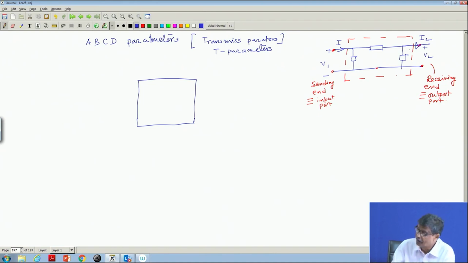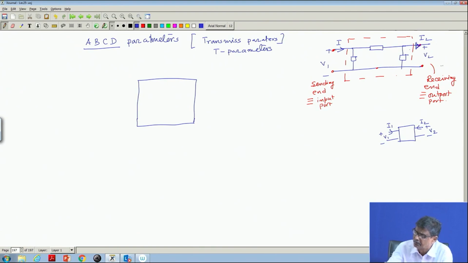So far you recall that while describing the Z parameters, Y parameters, H parameters, I always took these to be the current directions and these to be the polarity of the potentials of the input and output port, is it not? But here, in this transmission line modeling, ABCD representation of a 2 port network, I2 is taken to be the current delivered to the load.